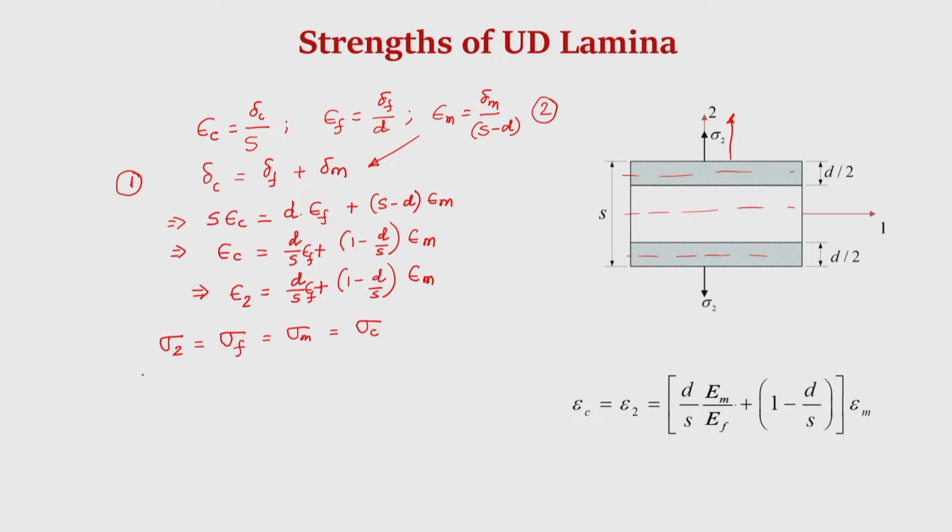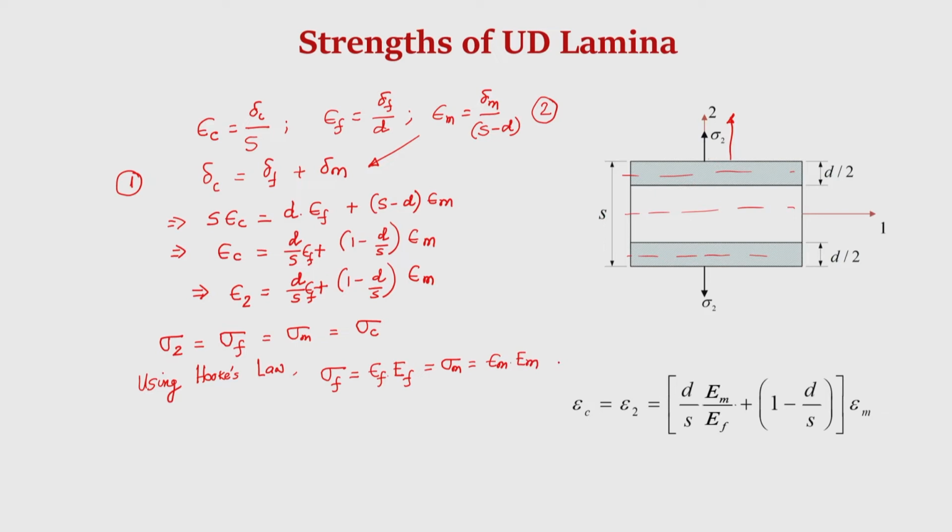Now, with the assumption that the fiber, matrix and the composite obey Hooke's law, we have sigma f is equal to epsilon f into E f, which is equal to sigma m is equal to epsilon m into E m.